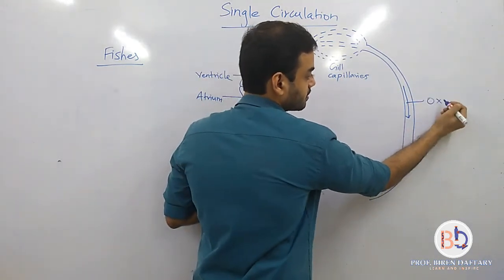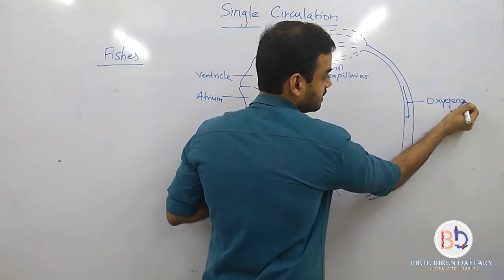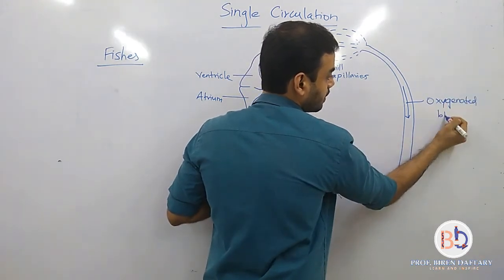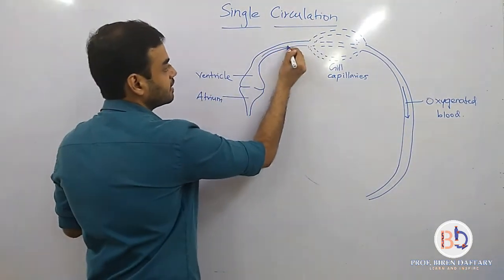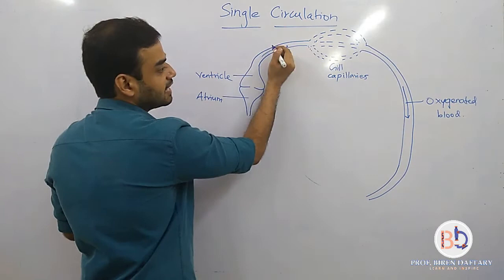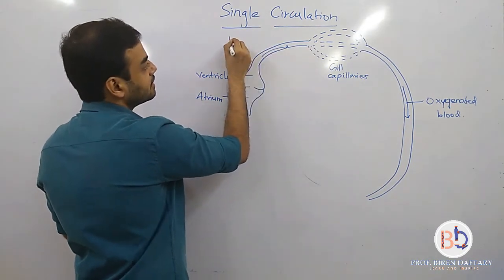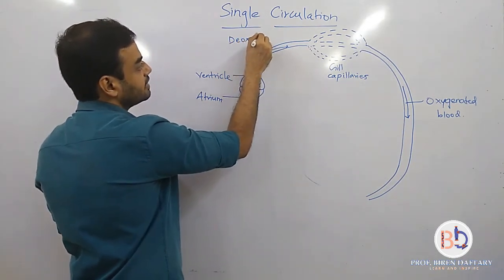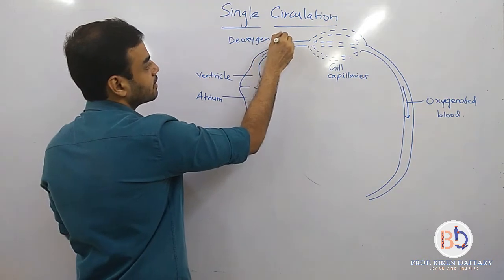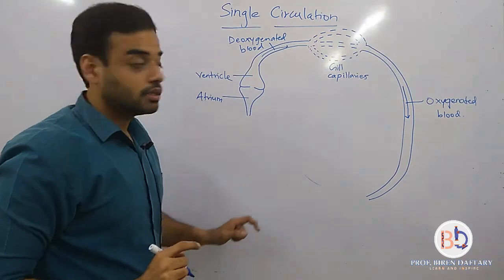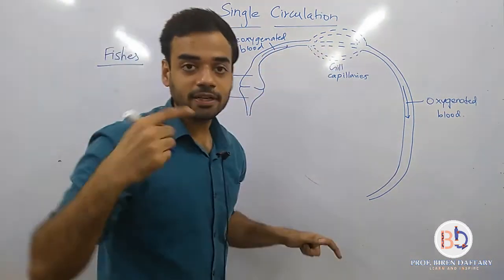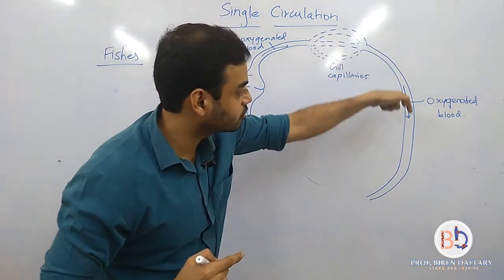Please remember this. The blood passing from the ventricle into the gill capillaries is deoxygenated, but gill capillaries help the blood get the oxygen, so this blood becomes oxygenated blood.